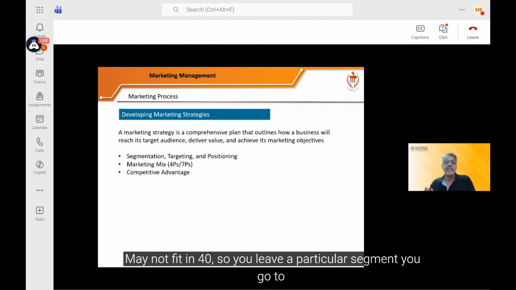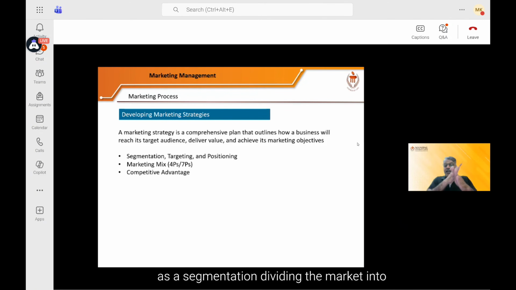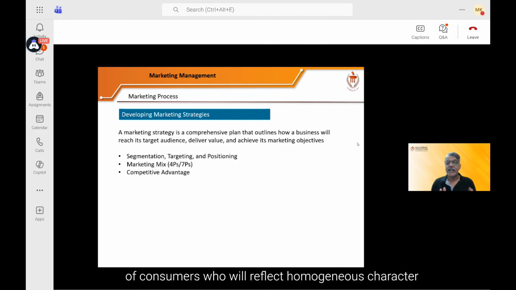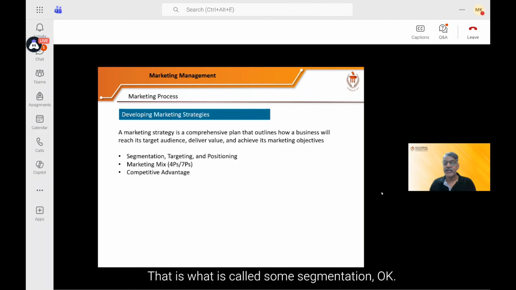So you leave a particular segment, you go to the next segment and buy that particular type of cloth. Maybe at the age of 40, you may be bored with the Android phone and you switch to some other technological device, as the earlier one is not suitable for your age or you feel it's not required for you. That is what is called segmentation: dividing the market into very small groups of consumers who reflect homogeneous character. Homogeneous character means same characters. That is what is called segmentation.